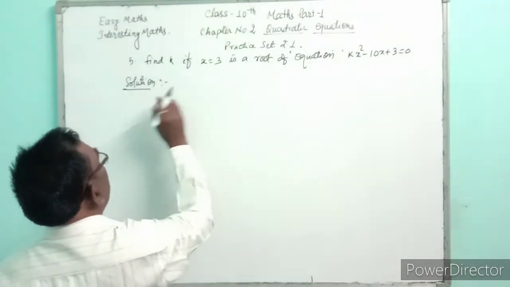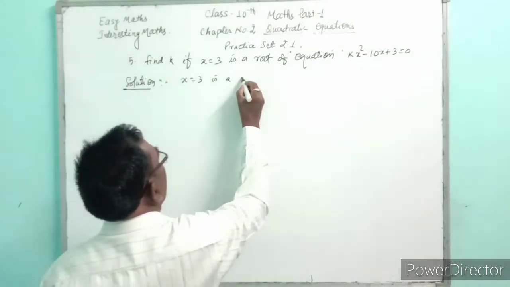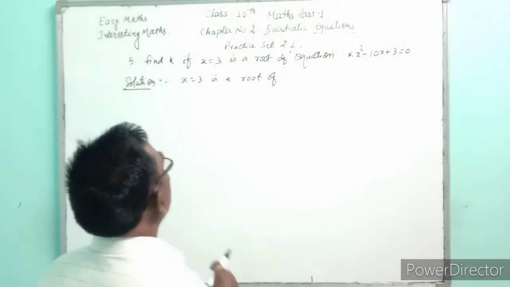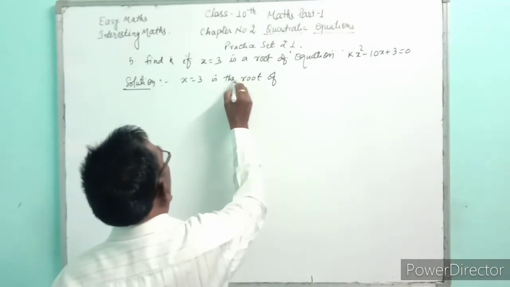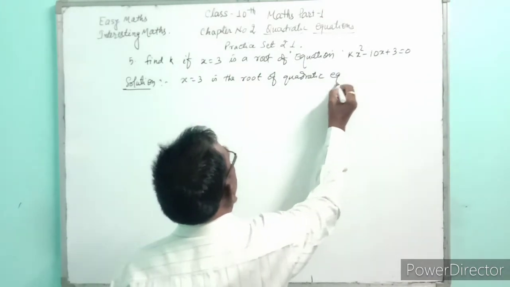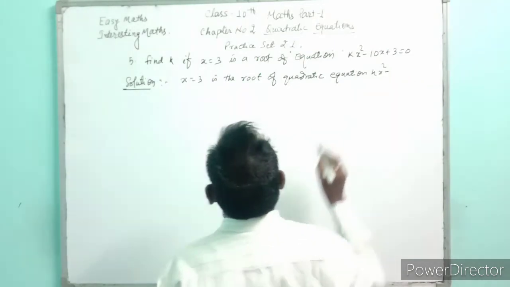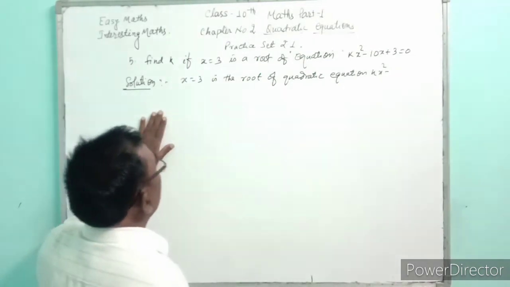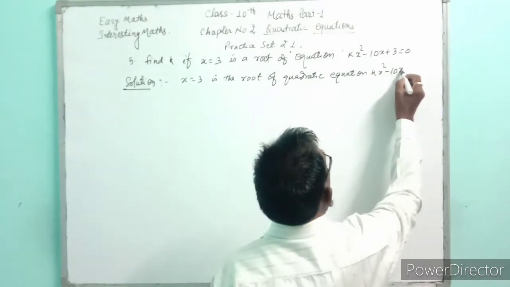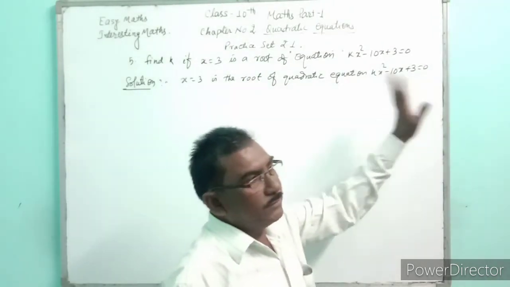Now, solution: x equal to 3 is a root of the quadratic equation kx square minus 10x plus 3 is equal to 0. Means for this value, this equation is satisfied.